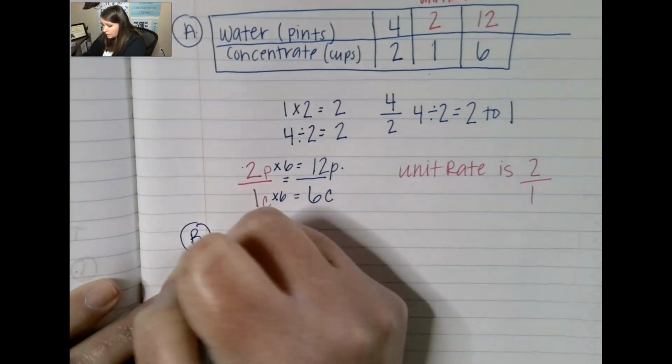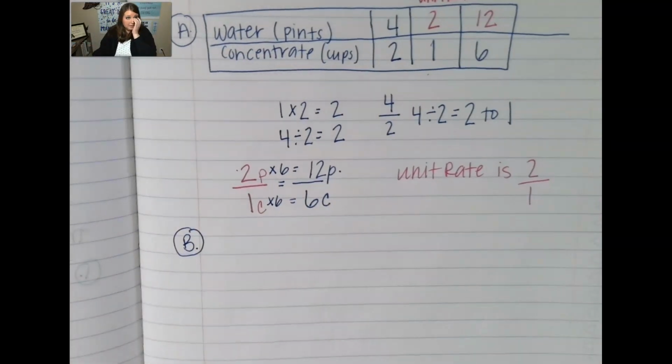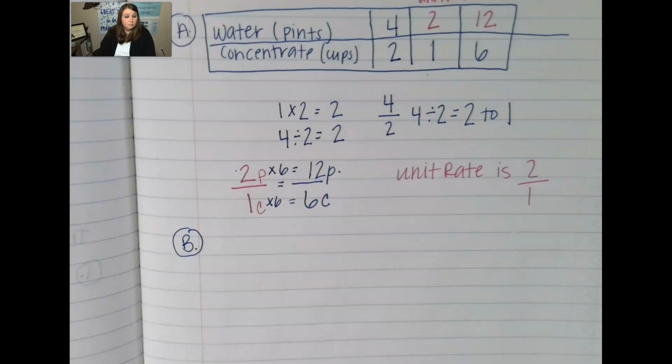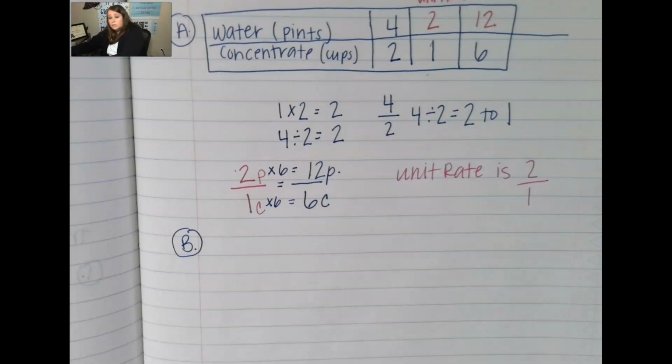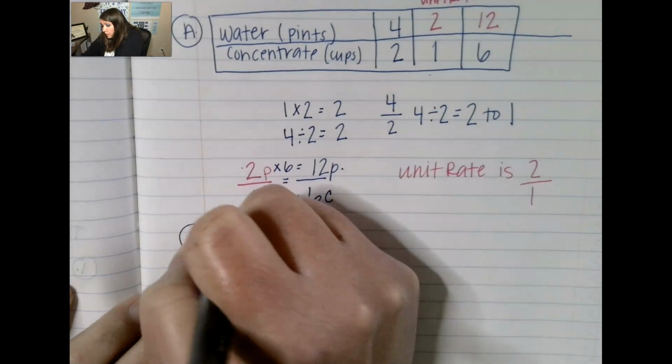Example B. All right, in example B, I was hoping they were going to give me another ratio table. All right. I have distance in miles compared to time.